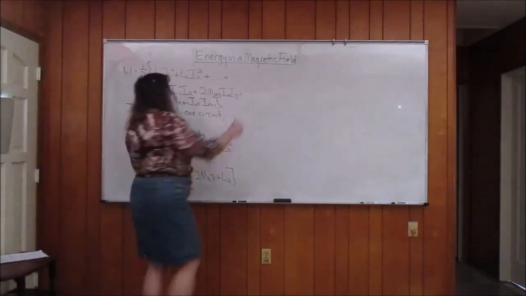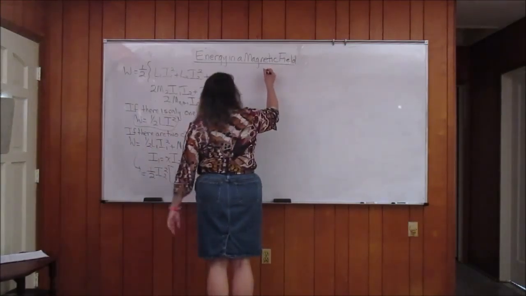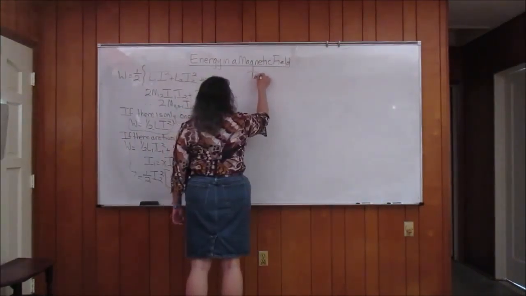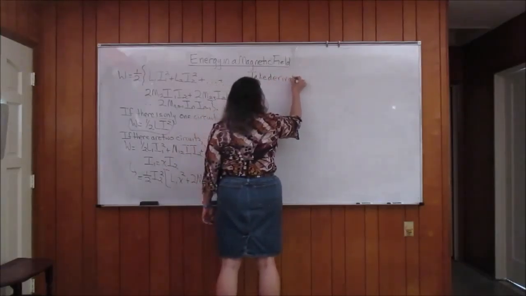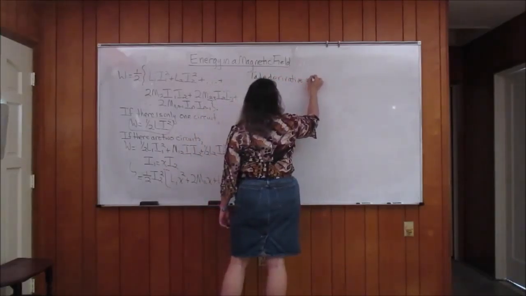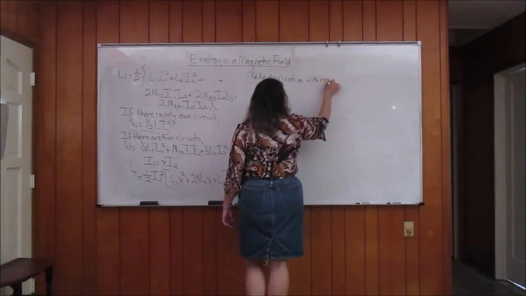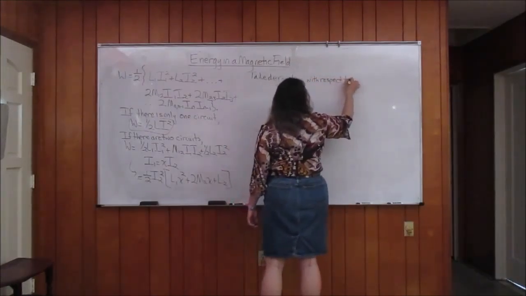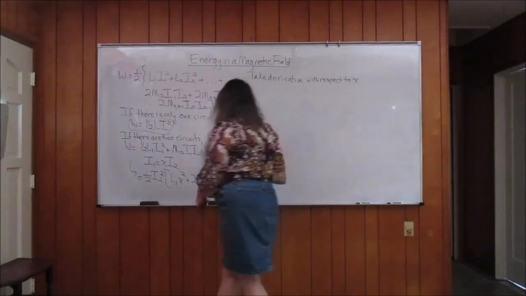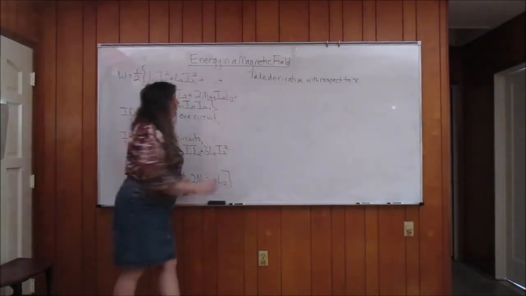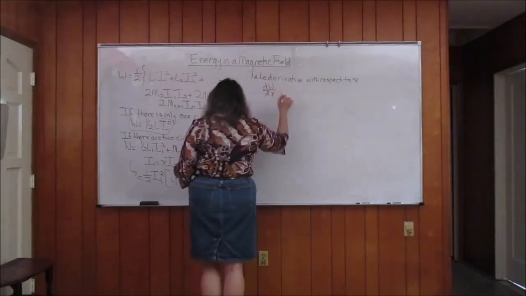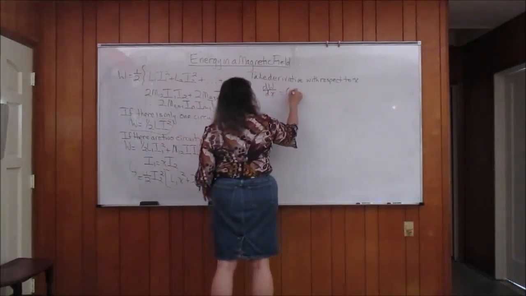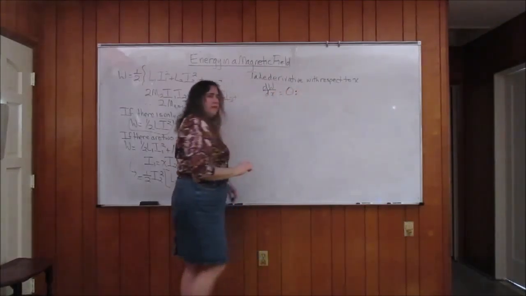So I'm going to take the derivative with respect to x. So we'll do dW by dx, and set that equal to 0.